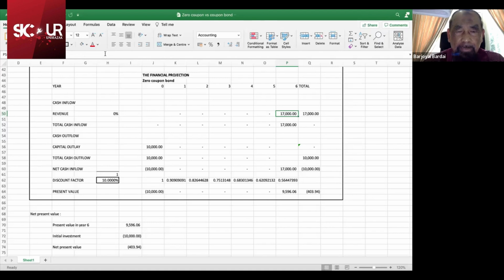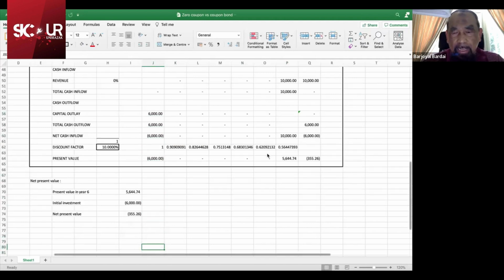In a zero coupon bond, you will be buying at a discount. The revenue is fixed at 10,000 because 10,000 is the face value, but your capital outlay will be low. Let's say your capital outlay is 6,000, then you see that it is still negative.